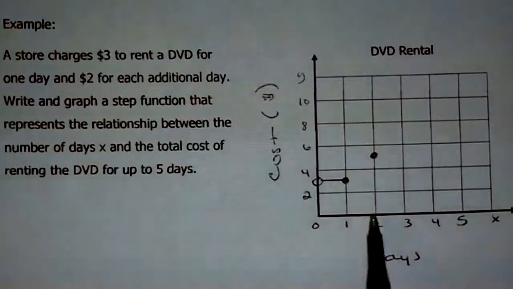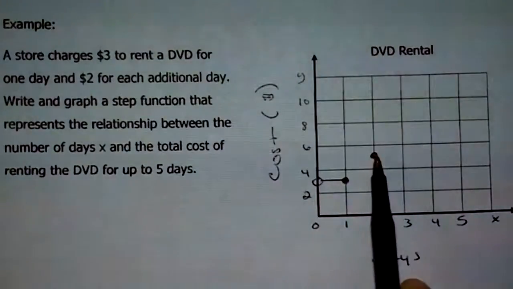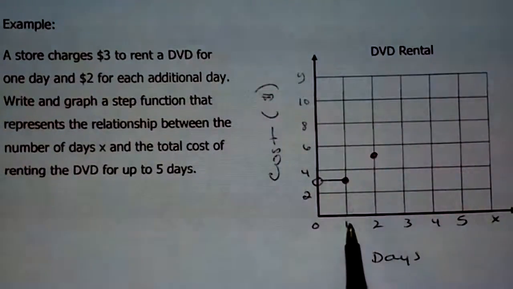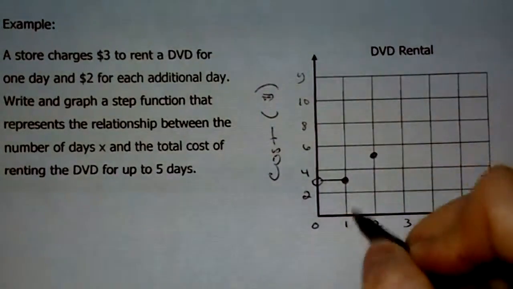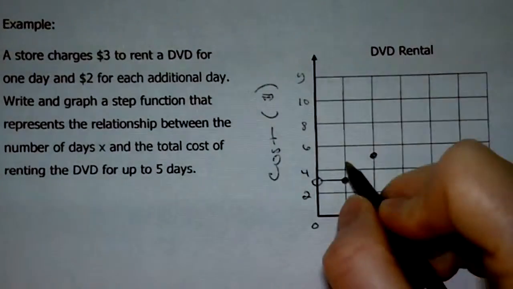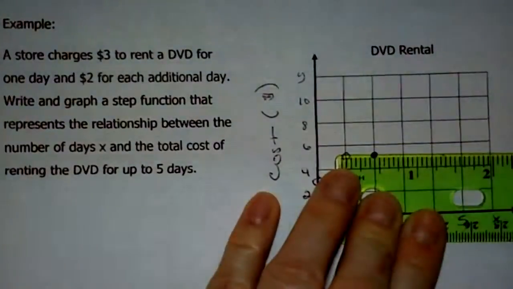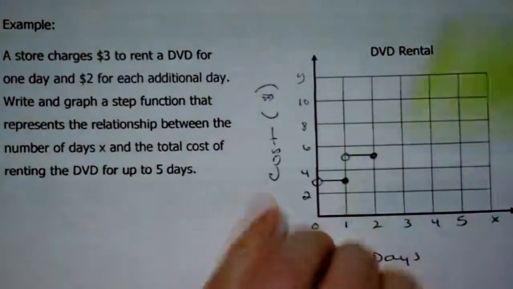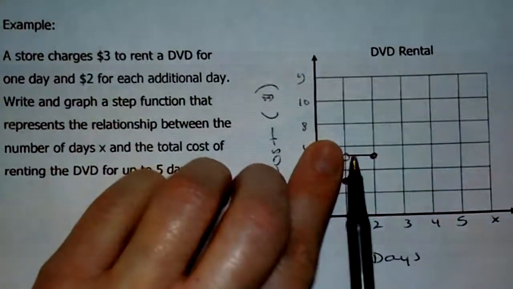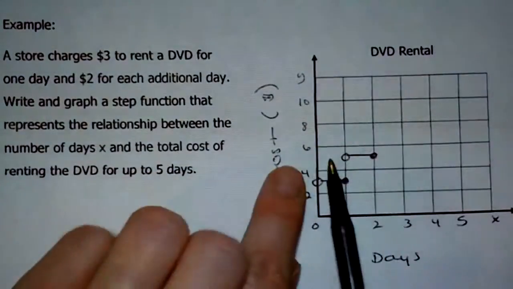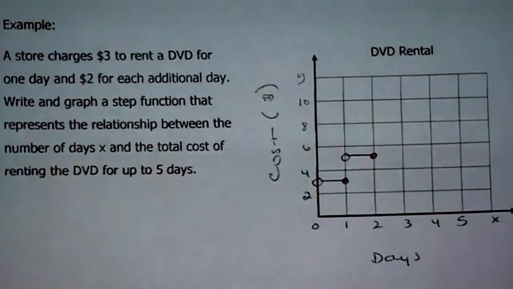If I have the movie for 1.5 days, aren't I still going to end up having to pay the $5? Yes. But if I have this movie for 1 day, I only pay $3, right? But I want my time to start just beyond the 1. So you can make an open circle on the 5, and we'll draw our little line to show that if I have this movie for more than 1 day, but up to 2, I'm going to pay $5.